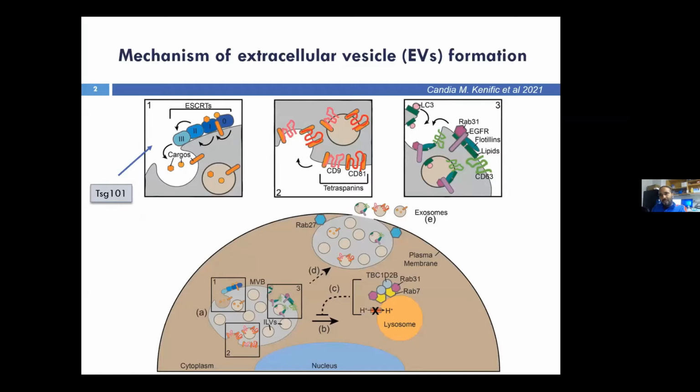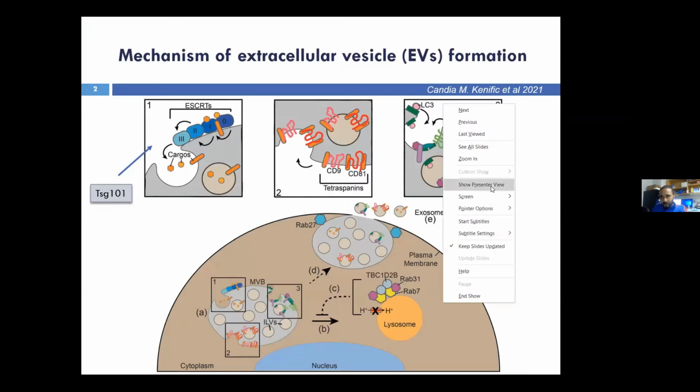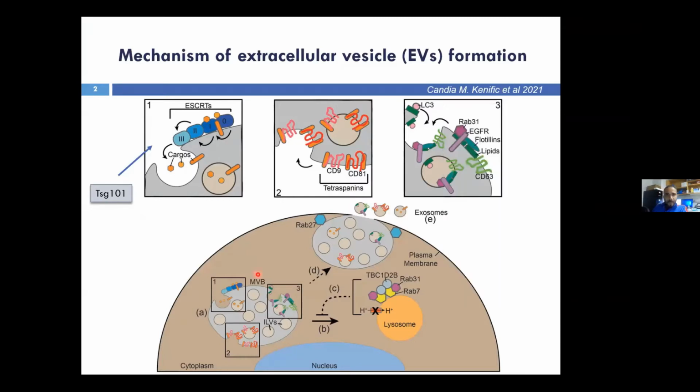So extracellular vesicles are formed in the cells in the multivesicular endosome, or body, by inward membrane budding. And this inward membrane budding can be triggered in three ways.